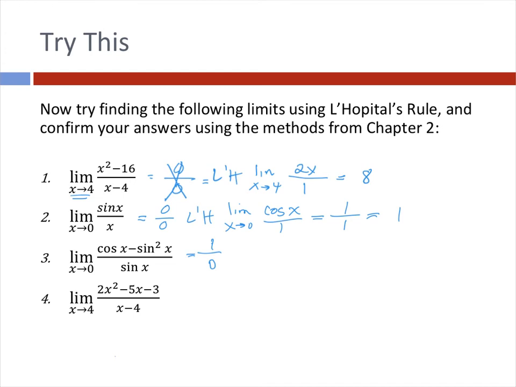All right, so the next one is the limit as x approaches 4. If we plug 4 into this function, so try direct substitution, we get 2 times 16 minus 5 times 4 minus 3 all over 4 minus 4.